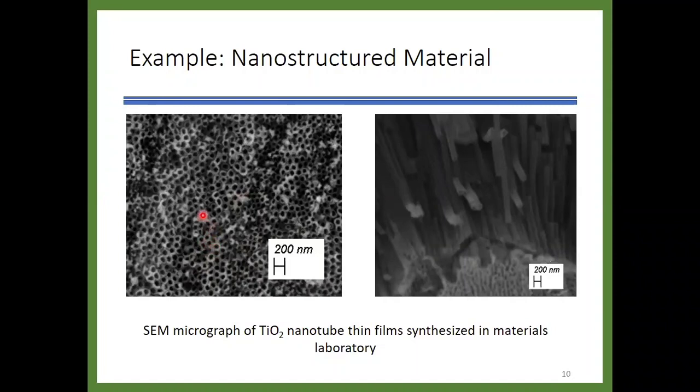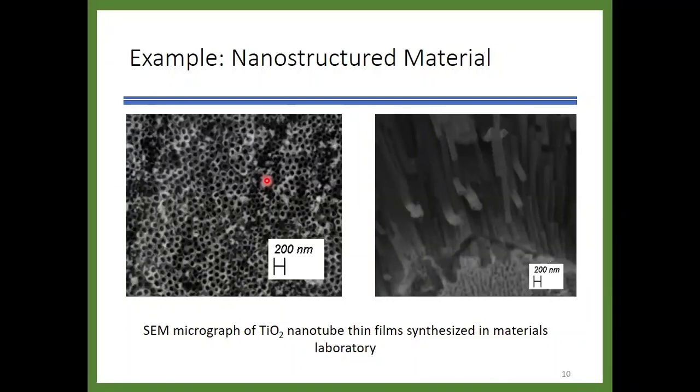And you can see small tube-like structures in here. If you see the diameter of one of these tubes, usually maybe 50 nanometers or less, sometimes nearly 100 nanometers for some tubes. This is an array of titanium dioxide nanotubes, actually a thin film made with an array of titanium dioxide nanotubes.